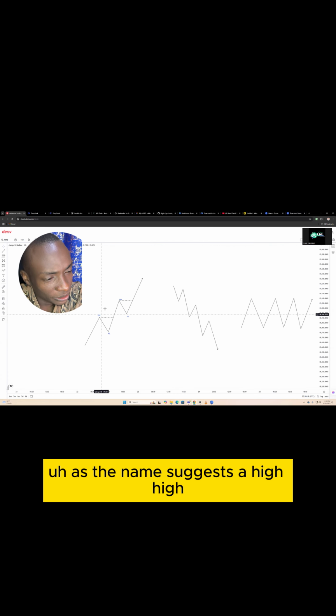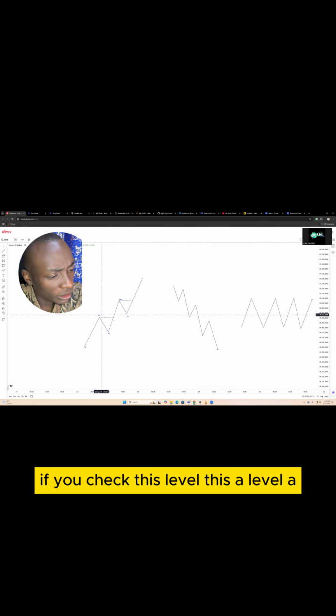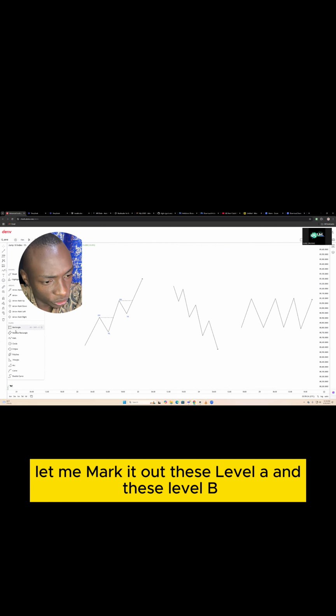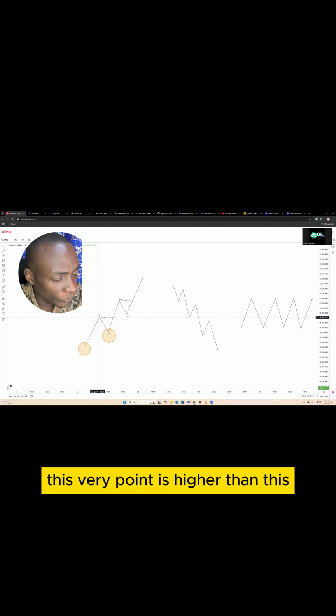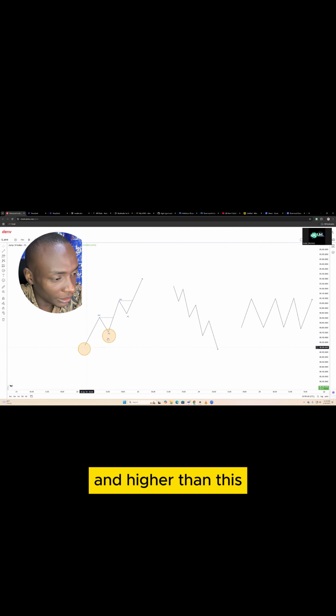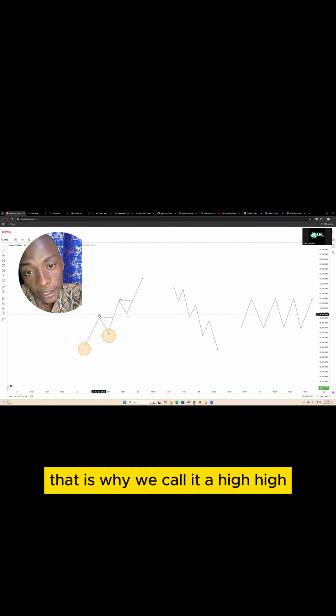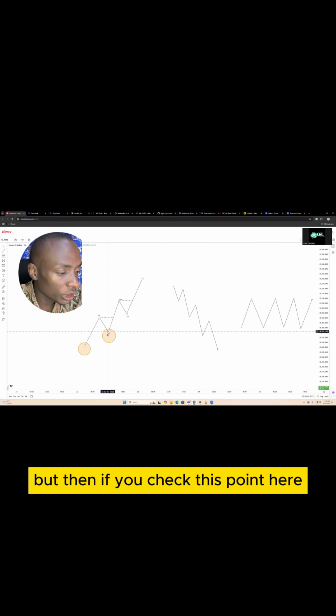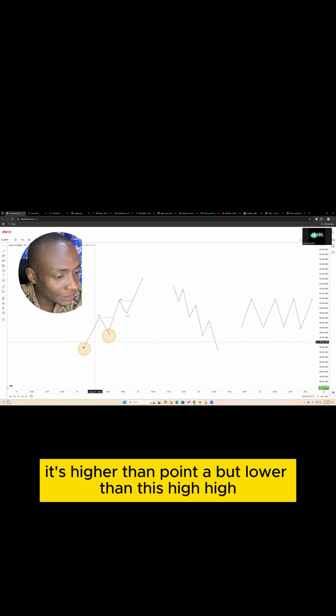Basically, as the name suggests, a high, if you check this level, this level A, let me mark it out. This level A and this level B. This very point is higher than this and higher than this. That is why we call it a high. But if you check this point B, it's higher than point A, but lower than this high.